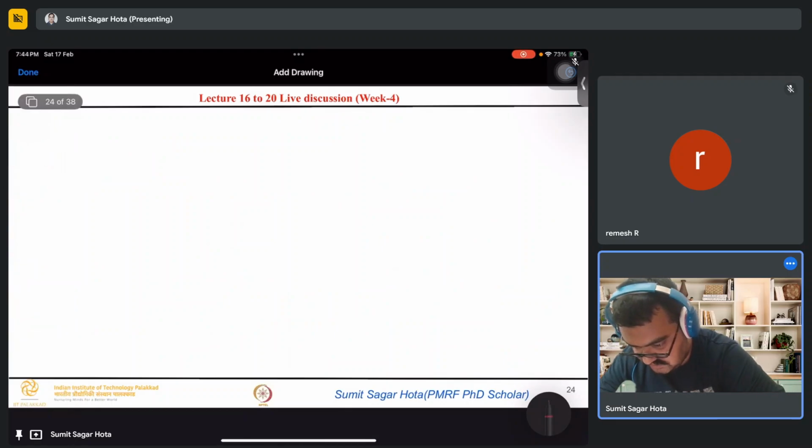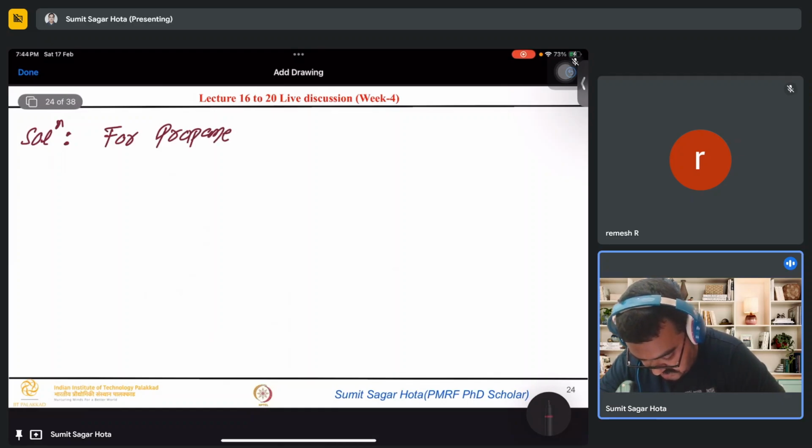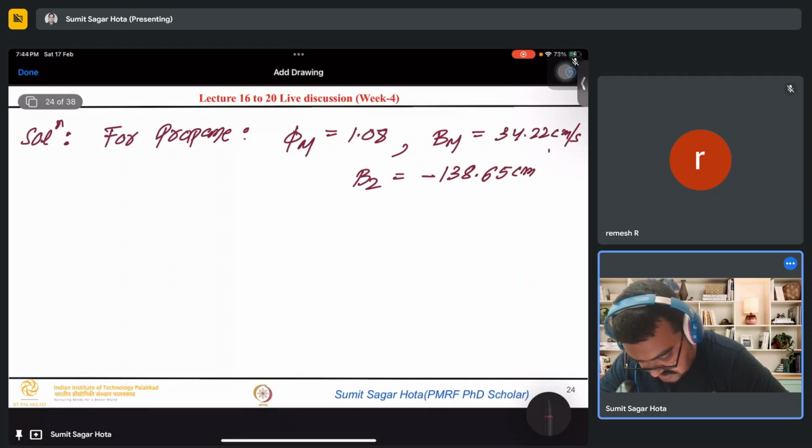Now the fuel is given. From the fuel, what are the data? You should know. These data they should actually provide. Because this is a subjective question they are not providing, but this data should be provided by them. For propane, phi M is equal to 1.08, BM is equal to 34.22 centimeter per second, and B2 is equal to minus 138.65 centimeter per second.